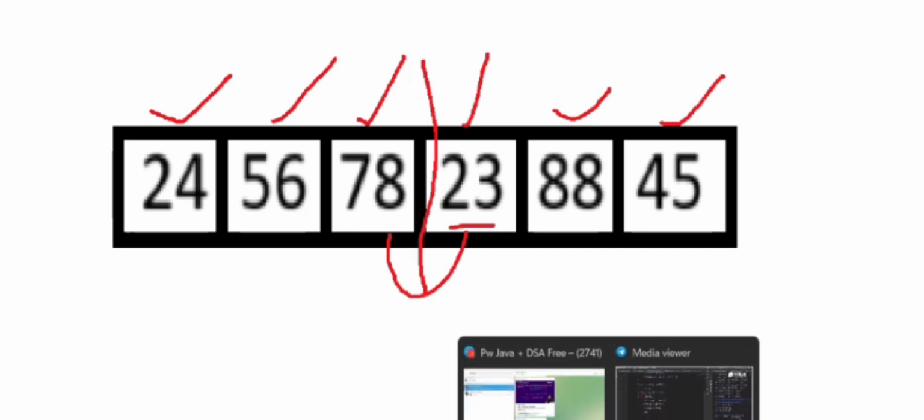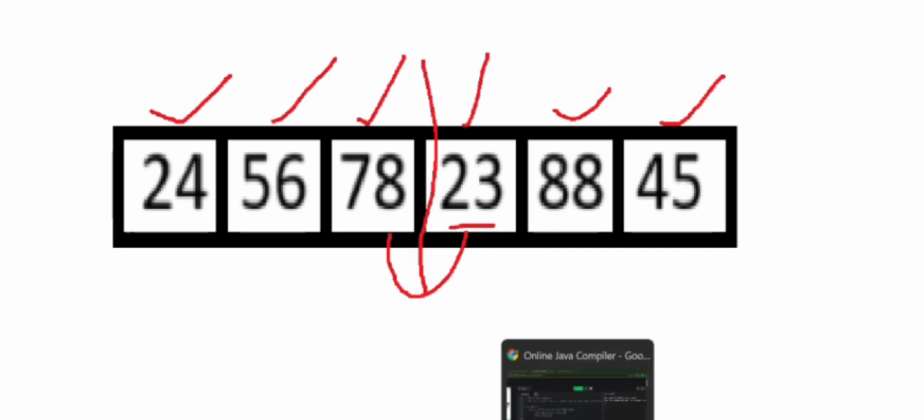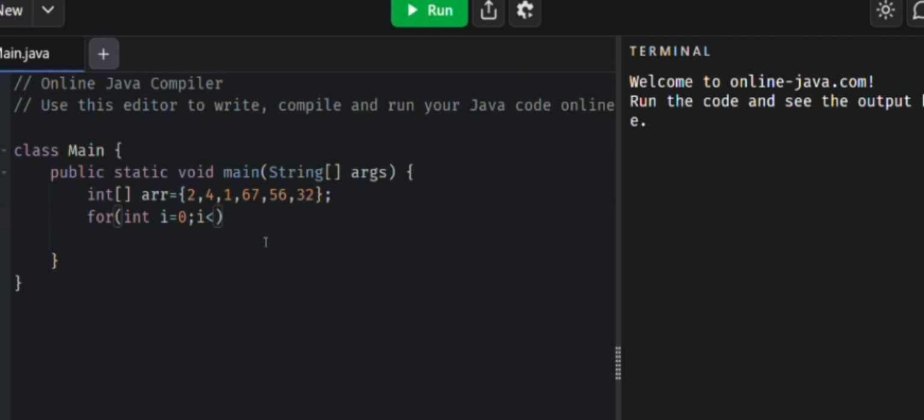I'll show you one with the coding also so that you'll understand it properly. I'll take it till full length, that is array dot length. I'll explain what I'm telling you. Okay, and we'll initialize j as array dot length minus 1 minus i. Now we will swap it.